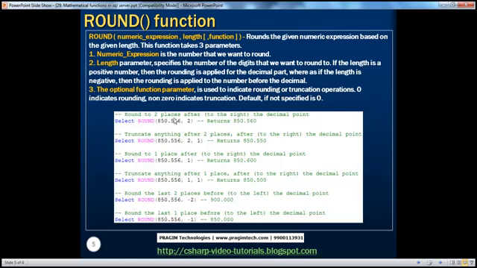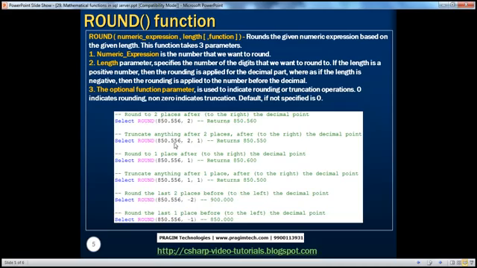The first parameter is the number that I want to round. Actually, let's look at the second example first. So the first parameter is the number that I want to round. Okay, and the second parameter will tell, okay, you want to round this first number, but how many decimal places do you want to round that number to?